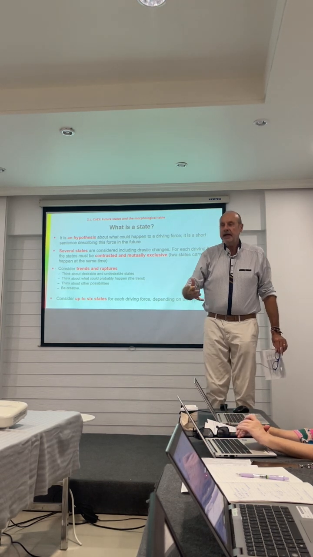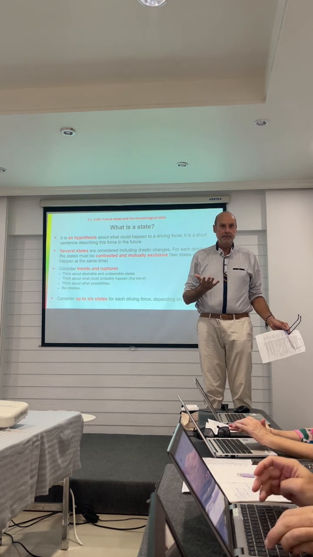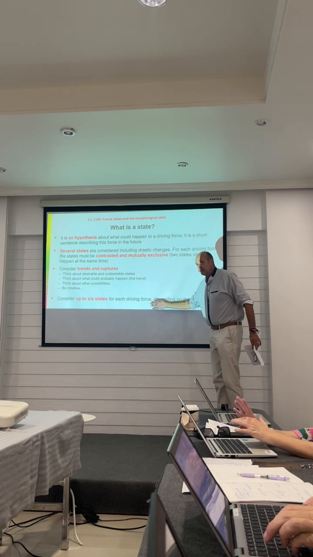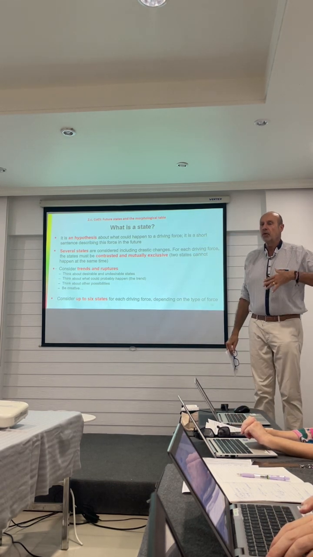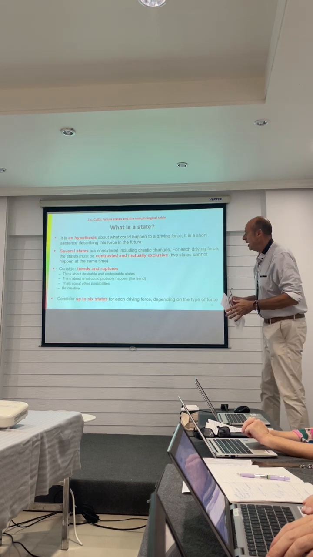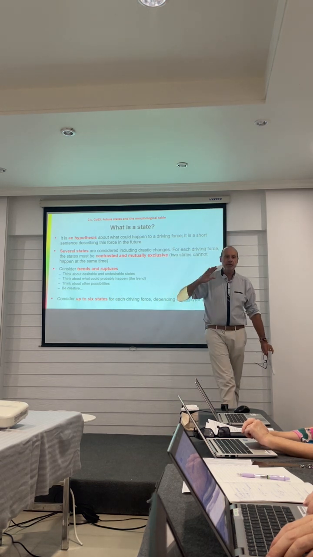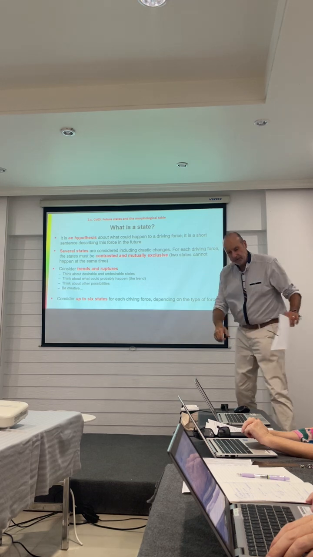Desirable, undesirable, and after that we will think, if anything else could happen, what could it be? Based on our experience, we don't want to have more than 6 different states for each driving force. So we will work with 6 states, but it should be minimum 3, maximum 6. Okay, next one.